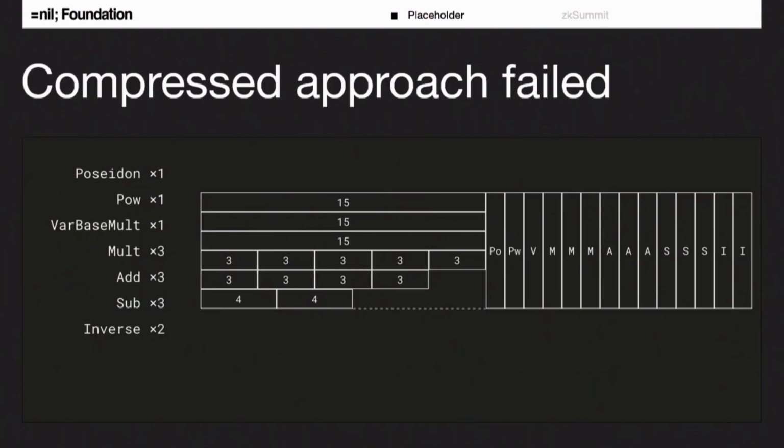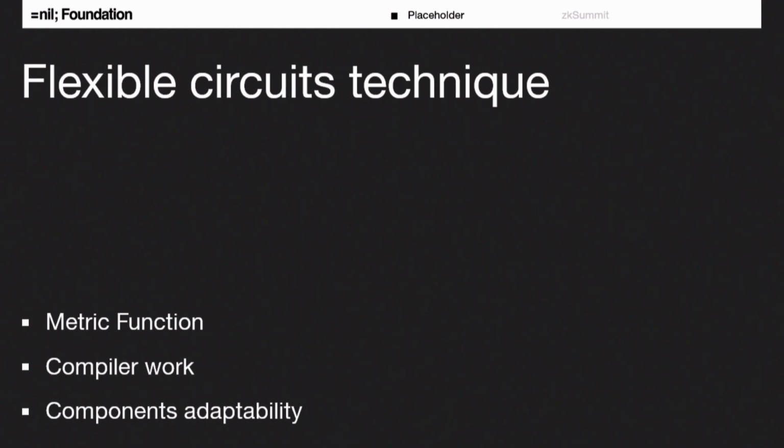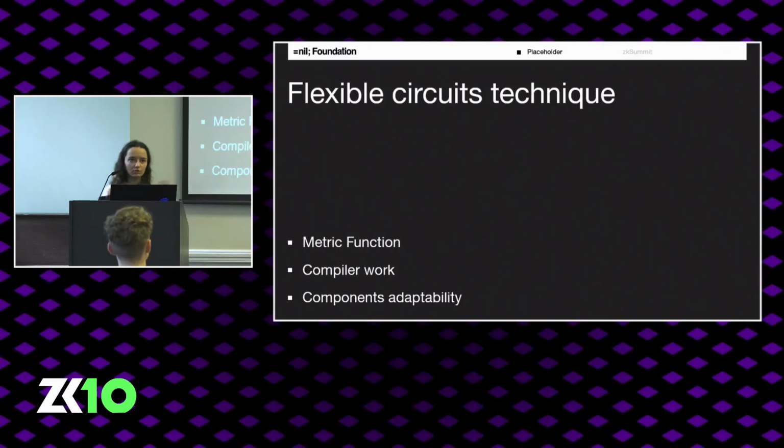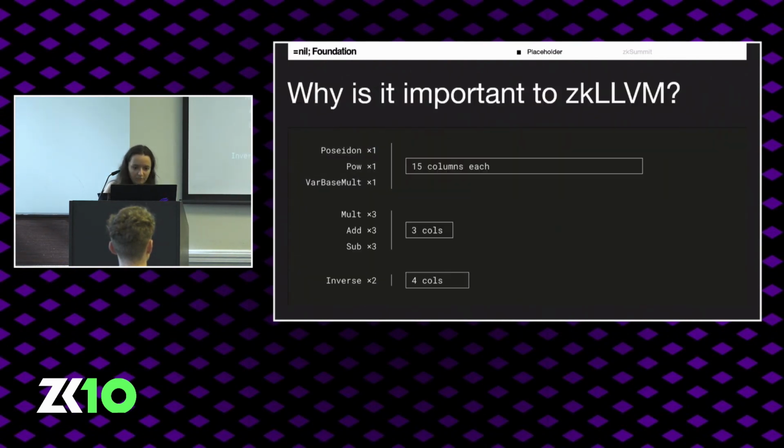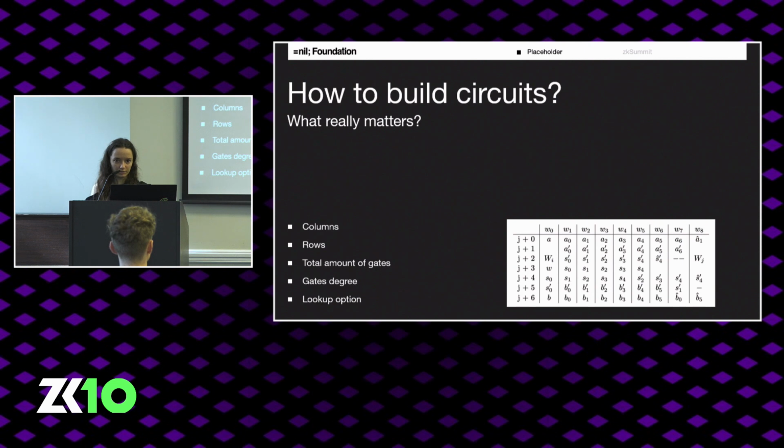Okay, and we have a solution for this problem. It's the flexible circuit technique. Inside we have some metric function. It first takes all the source code and tries to evaluate all params. Let me show you with one param for each component what the better execution would be.